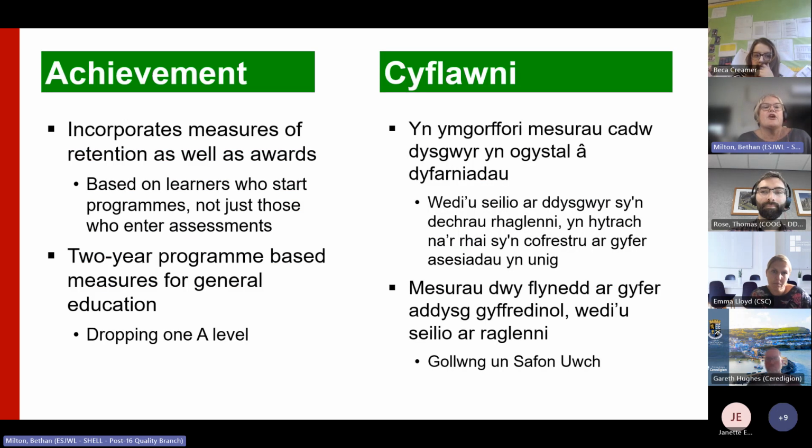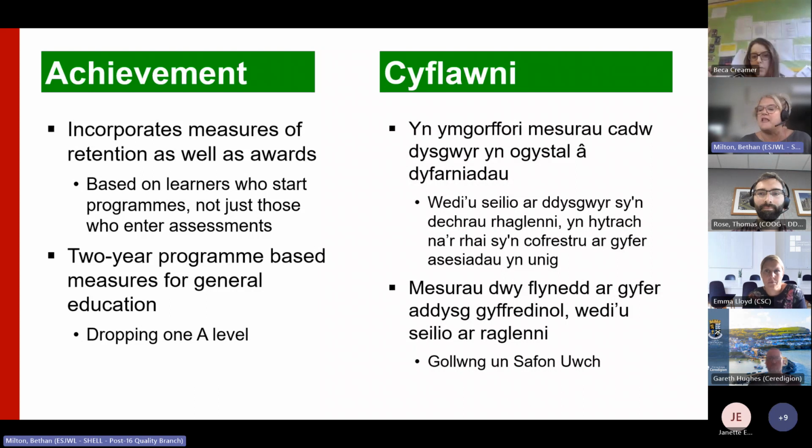So as I said, the achievement measure incorporates retention as well as the gaining of qualifications. It's a 2-year measure, so it looks at the learners that start an AS programme, that go on to complete their A2 programme, and what outcomes they achieve at the end of it. So we're looking at whether they achieve 3 A levels or equivalent.